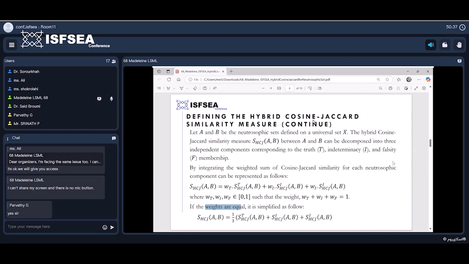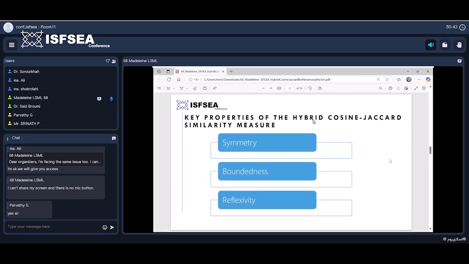So here, after defining the hybrid cosine-Jaccard similarity measure, we are going to have the key properties. The key properties are symmetry, boundedness, reflexivity.